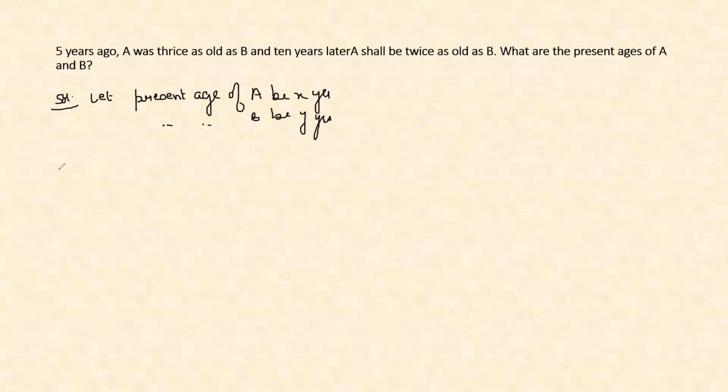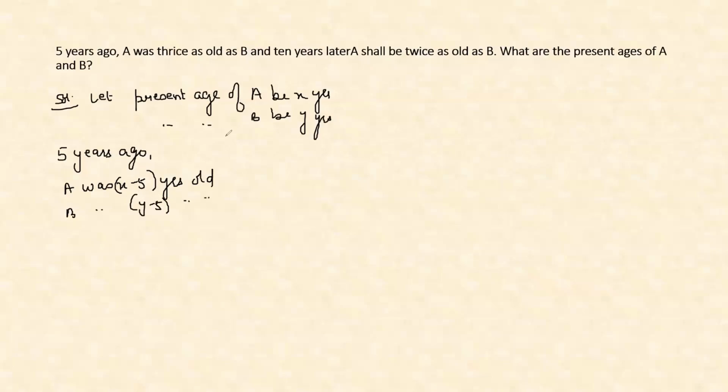Now, 5 years ago, for both of them, first, before going to the equation, first find the ages 5 years before. So 5 years ago, A was X minus 5 years old and B was Y minus 5 years old.